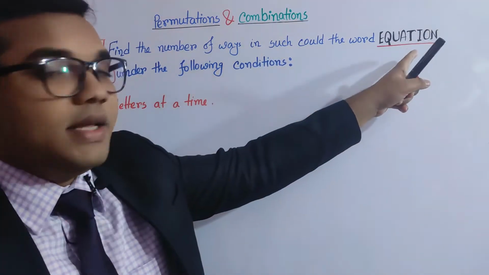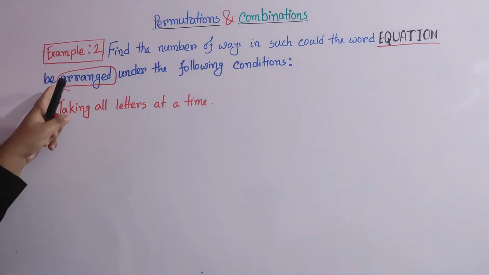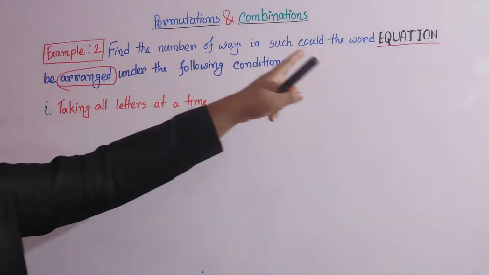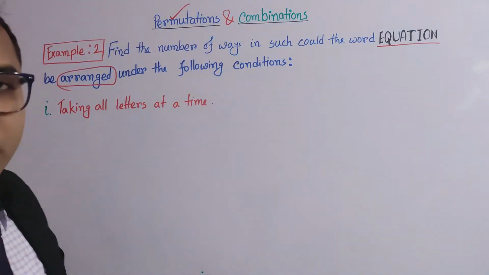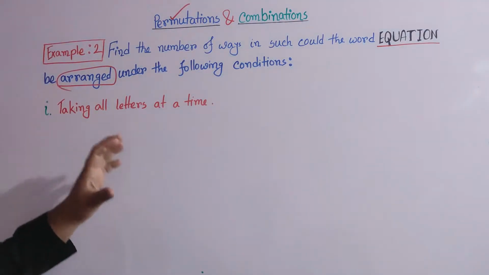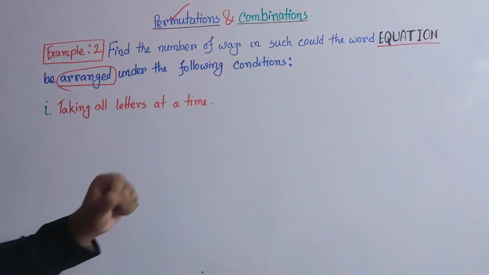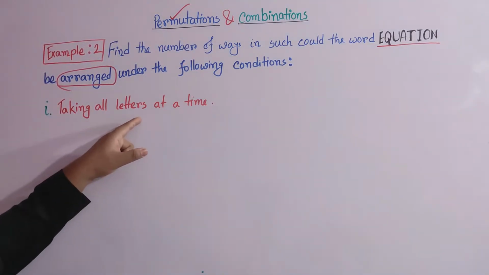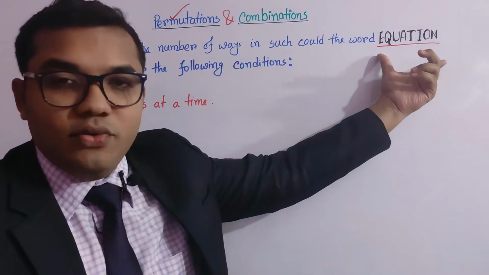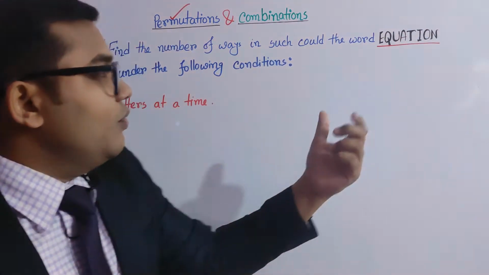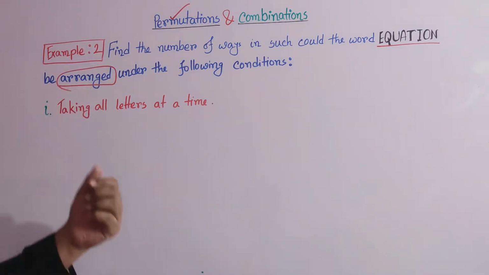Since the word is given, we have to arrange the word, which means we have to go for the permutation part. First of all, taking all letters at a time, that means if we take all letters from the word equation, then what will be the arrangement?